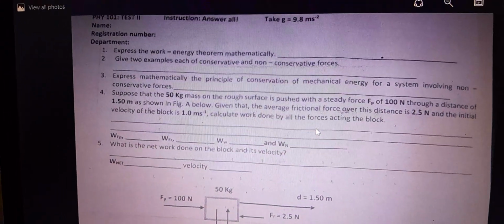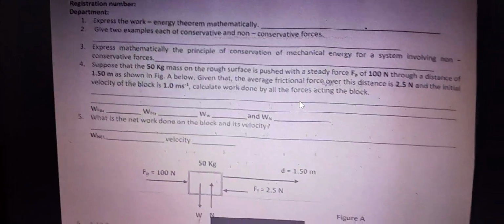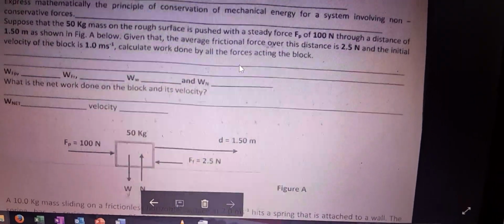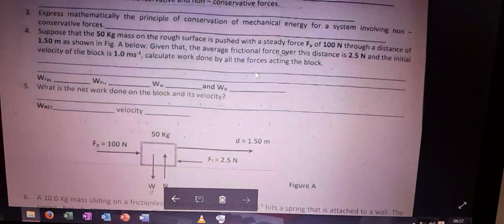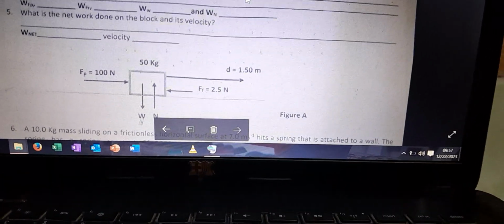Question two says give two examples each of conservative and non-conservative force. Okay, let me just differentiate between conservative force and non-conservative force. The first differentiation is their paths. Conservative forces are path independent, meaning the work done by this force is independent of the path taken by an object.